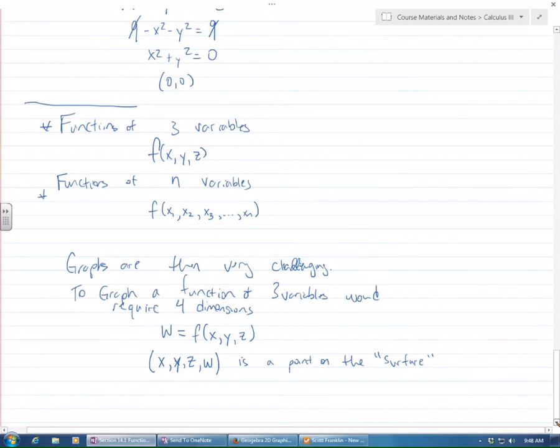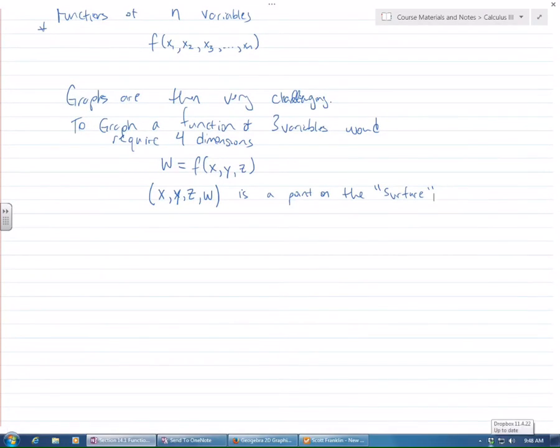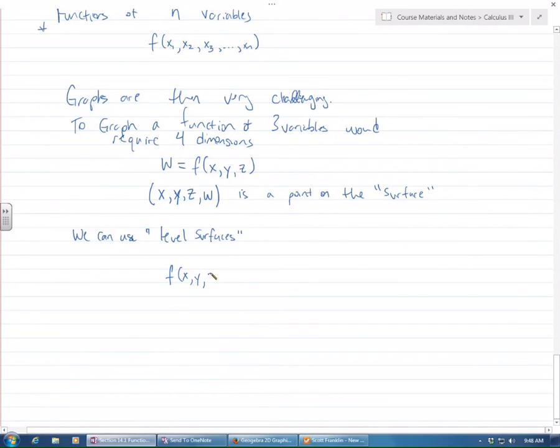So we're really out of luck being able to visualize these things, although we can use what are called level surfaces instead of level curves, where we would set f of x, y, z equal to k for k in the range of f.